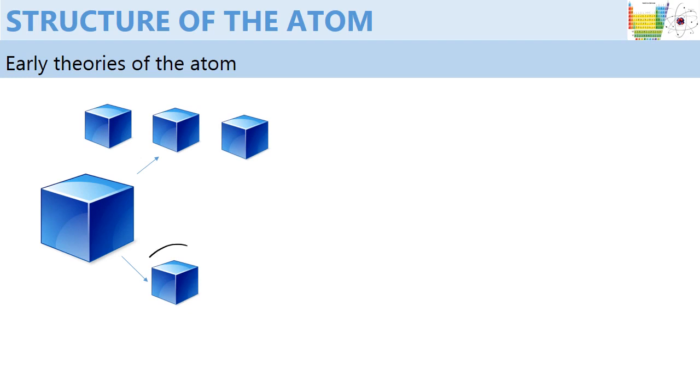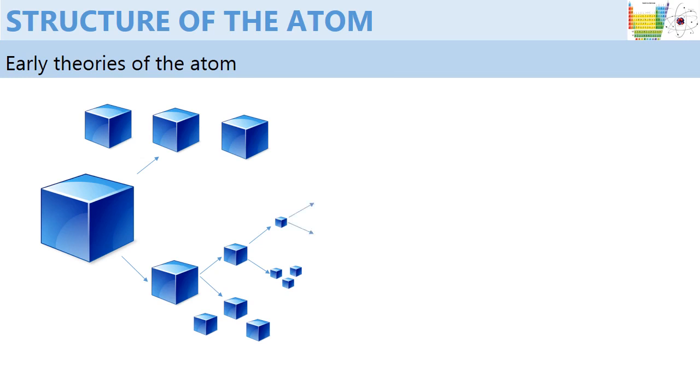Then imagine taking one of those cubes and cutting it the same way again with a knife. What do we end up with? 4 smaller cubes. Then take one and cut it again into 4 smaller cubes. And we'll have even tinier cubes.